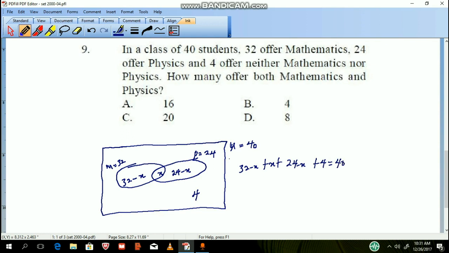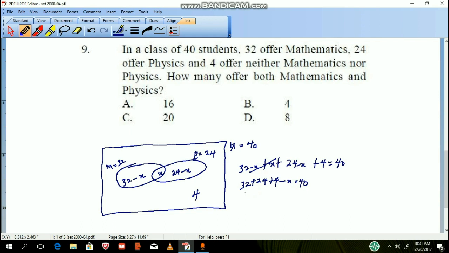So negative x plus x, that will be 0. Then we will be having 32 plus 24 plus 4 minus x will be equal to 40.